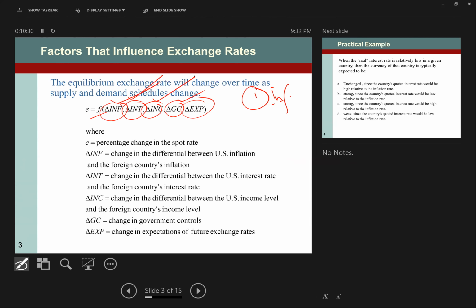But if our government takes the initiative and the interest rate rises, then our country's currency will appreciate.